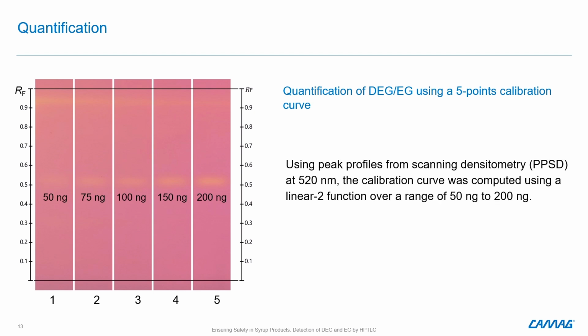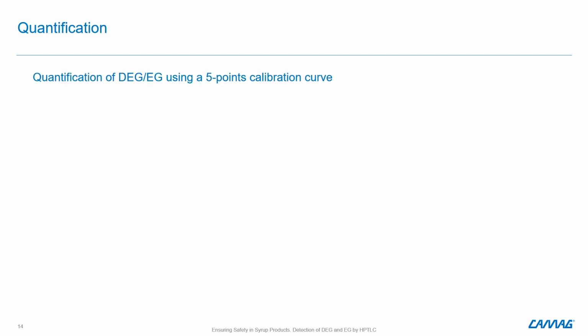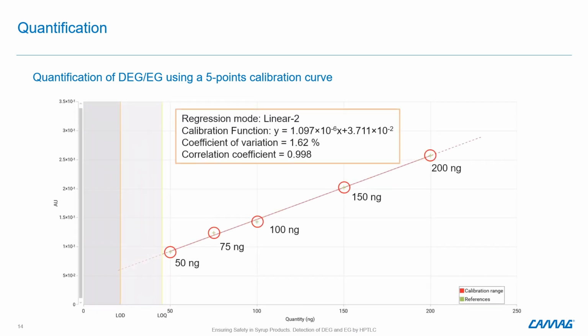After development and derivatization, we use scanning densitometry at 520 nanometers to generate peak profiles, for which the calibration curve is computed. To generate the calibration curve, we use a linear 2 regression model. The resulting equation, now highlighted, is written in the calibration function, with a correlation coefficient of 0.998, indicating excellent linearity across the tested range.